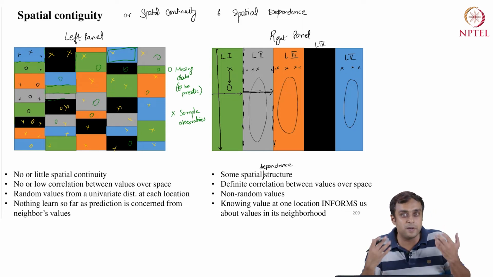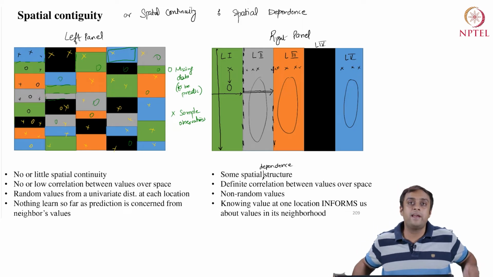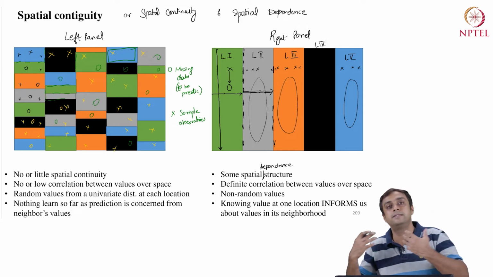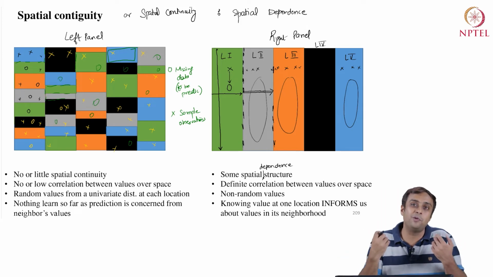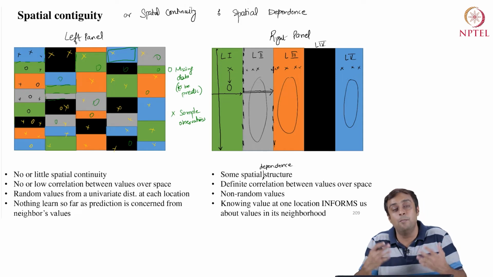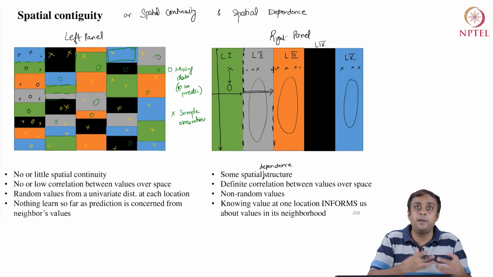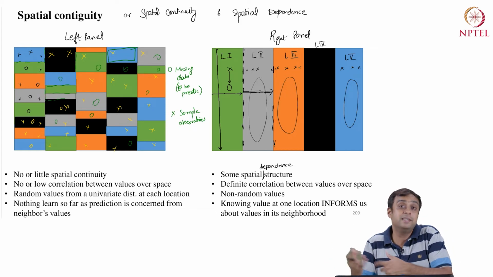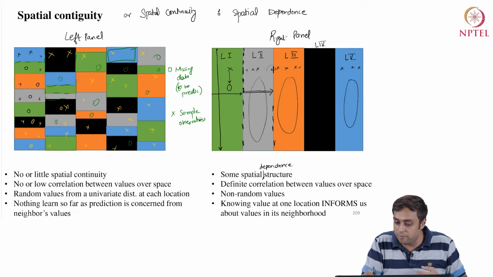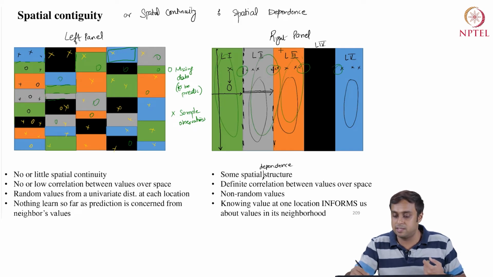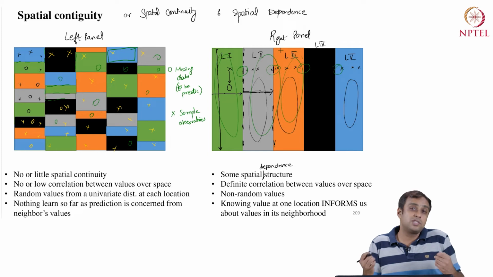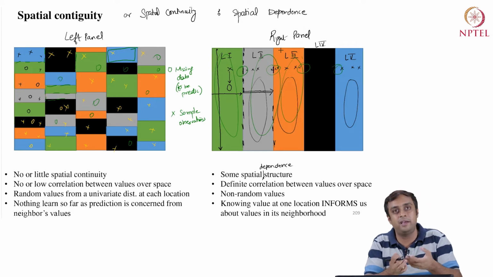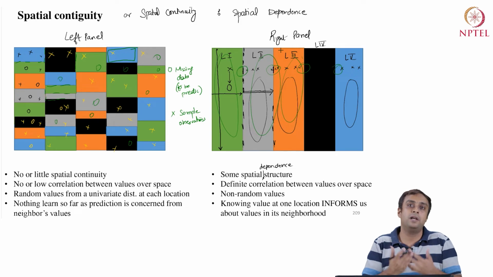So spatial dependence, spatial contiguity, although as a concept to learn separately, as something to estimate, it seems like more work, on the other hand, it provides us a utility on the side of prediction. That is, if I know a few values at the boundary, I can know everything else without doing much. So some pain in estimating spatial dependent structures, but a lot of value in terms of spatial prediction.